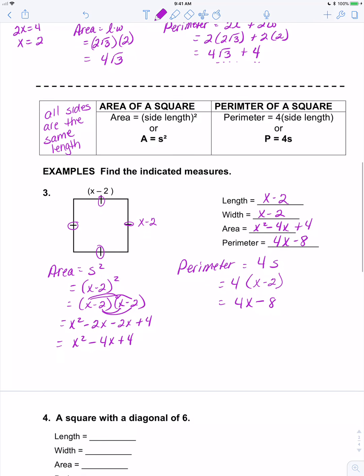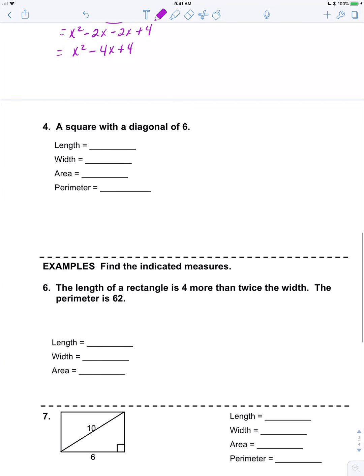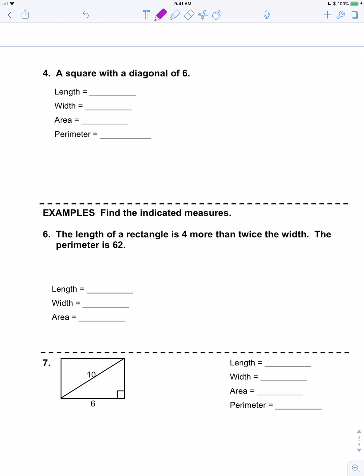Okay, so now we have got a square with a diagonal of 6. Okay, so we've got a square. All the side lengths are the same, but the only thing that we are told is this diagonal is 6. Now you can use the 45, 45, 90 triangle rules if you want to.